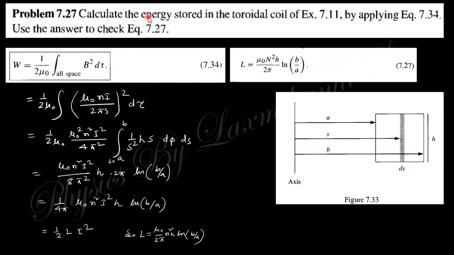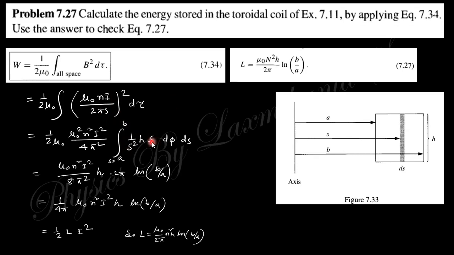Next one. Calculate the energy stored in the toroidal coil of exercise 7.11, applying equation 7.34. Check this and this. So using this equation, this is the magnetic field inside, and outside it is 0. And the volume of this toroid is nothing but this, 1 by s squared comes here.